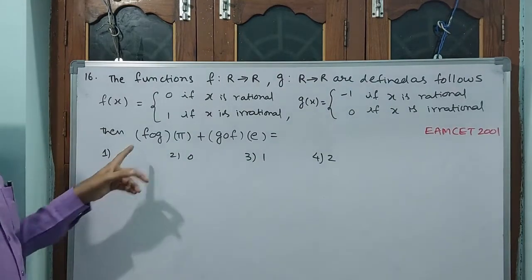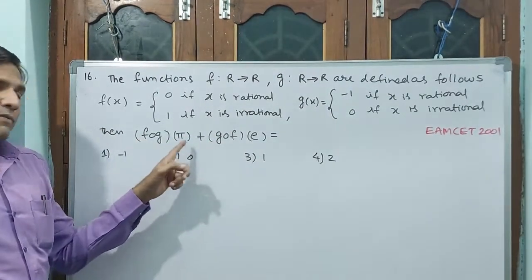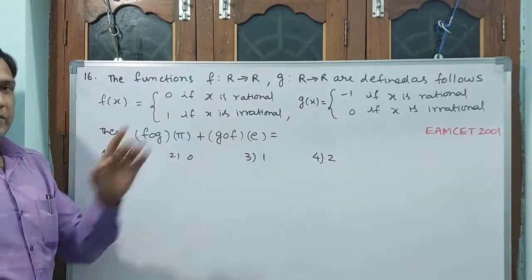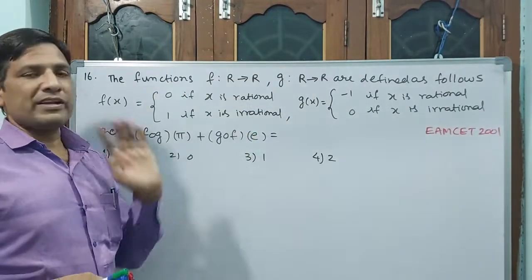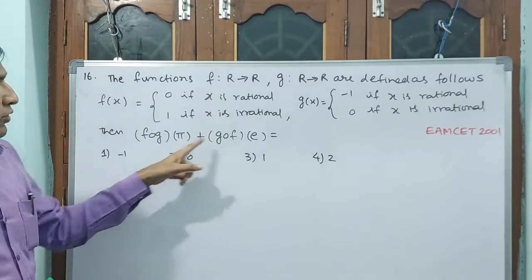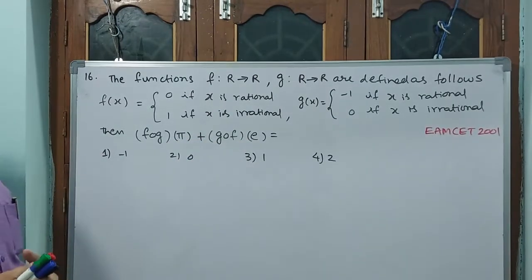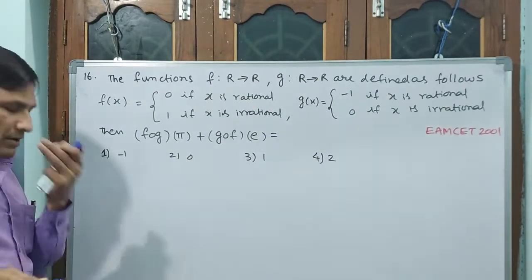What are they asking? f o g of pi plus g o f of e, that means f of g of pi plus g of f of e. The input is either rational or irrational, they are differentiating. Here both inputs are irrational numbers only. We know very well what a rational number and an irrational number are.